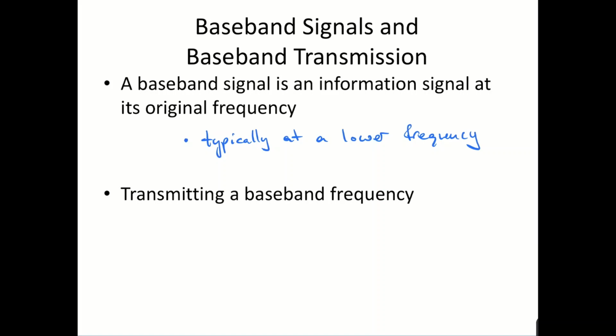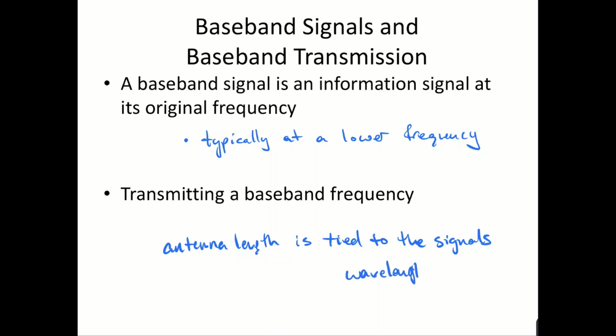When we're transmitting a baseband frequency, physics is going to dictate that the antenna length is tied to the signal's wavelength. We're actually going to do some practice problems here to look at that.